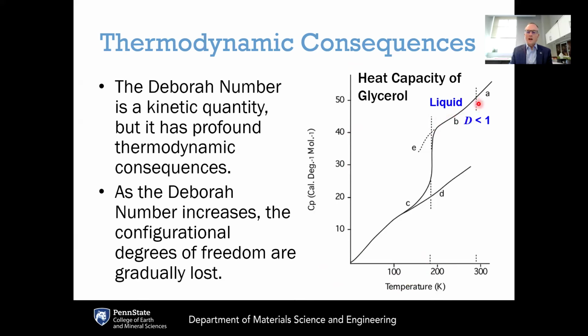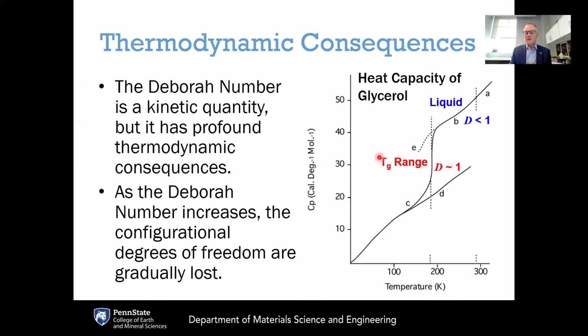Now, as the liquid goes down in temperature, it is increasing in viscosity, and eventually there is a rather steep drop here in the heat capacity of the liquid. This corresponds to the glass transition range of the liquid, because here in this glass transition range, the Deborah number is roughly equal to 1, which means that the liquid is no longer able to explore all of its different configurations because it's not able to flow freely.